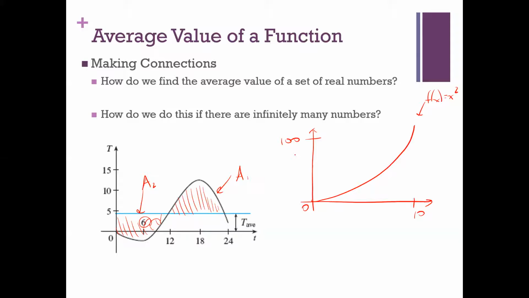So can I use this tool, this process of integration, to get at what the average value of the function might be? Specifically, this function from 0 to 10 for x squared. Is there a way for me to dial in with this?